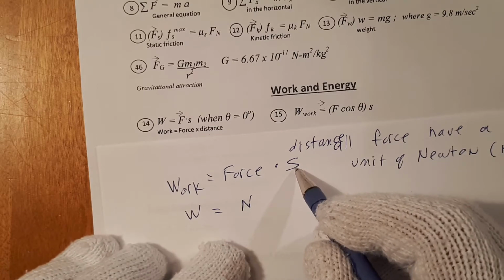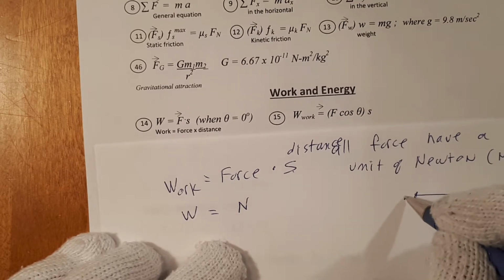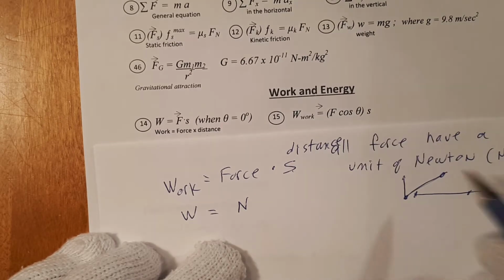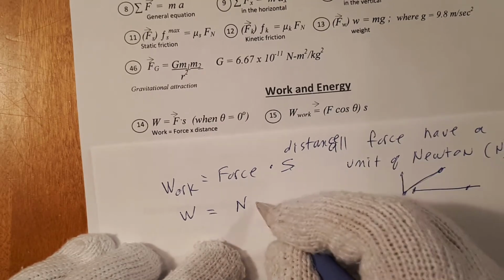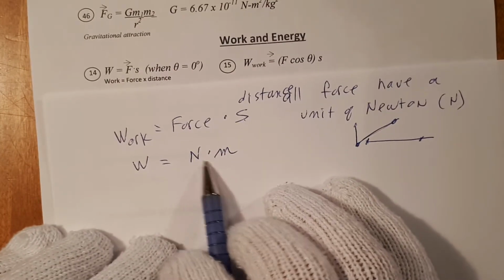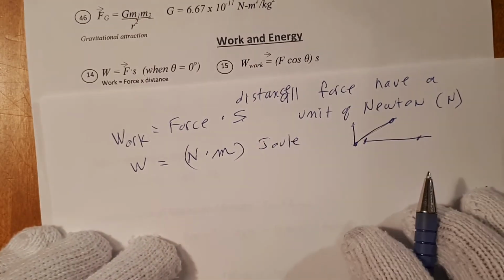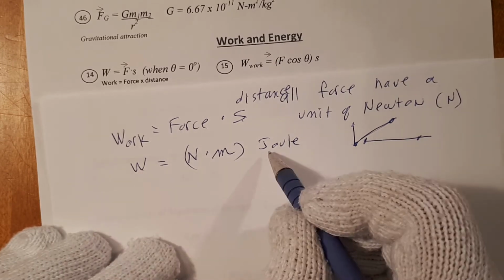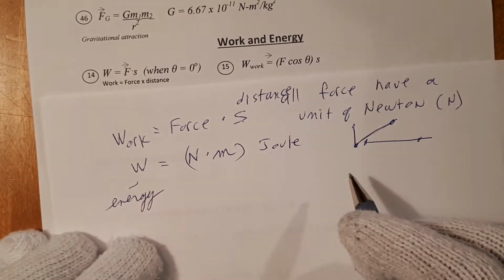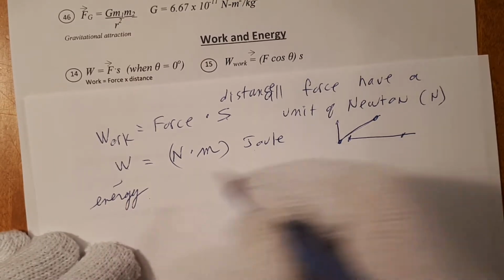All distances, regardless of whether it's a distance from here to here, or from there to there, or some distance like this, all distances have a unit of a meter. So the right-hand side is a Newton meter. And Newton meters has a special name called a joule. So all work has the units of joules. Work is a form of energy. So then I can expand this and say all energy has the unit of a joule.